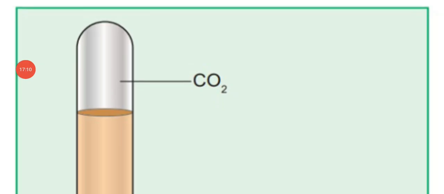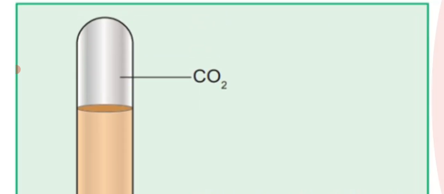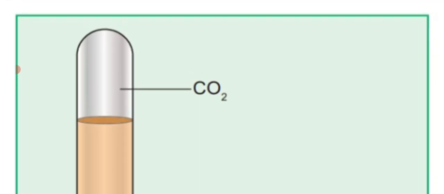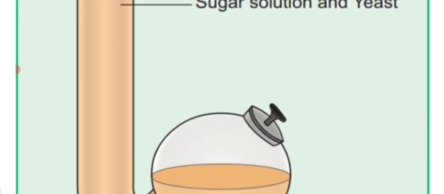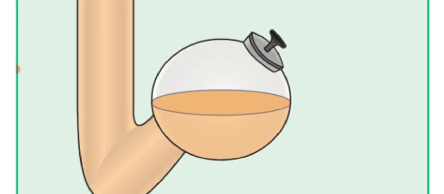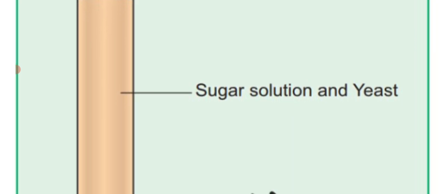Dear students, see the diagram. The diagram is also very important for diagrammatic questions. So this is the Kuhne's fermentation apparatus: an upright glass tube with a bent neck, ending with a glass bulb with a lid. The entire apparatus is filled with 10% sugar solution and baker's yeast.